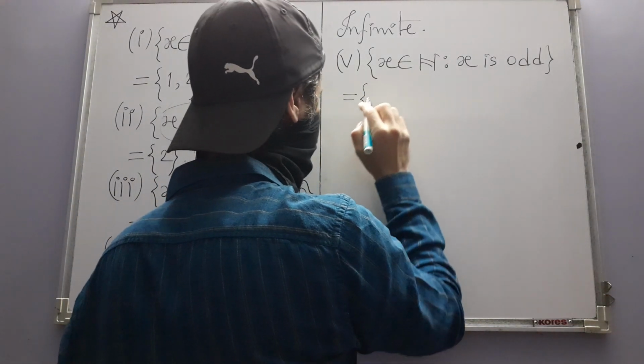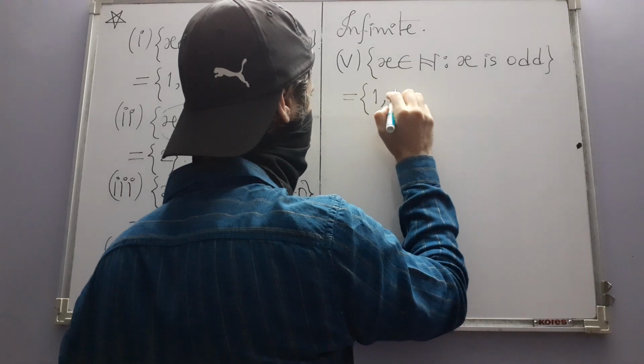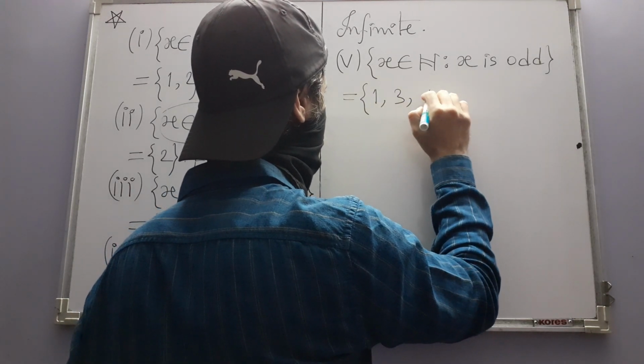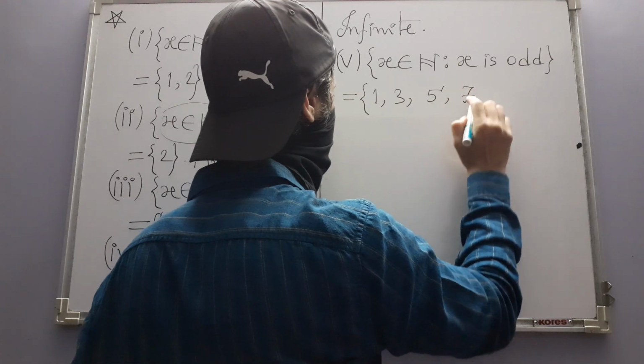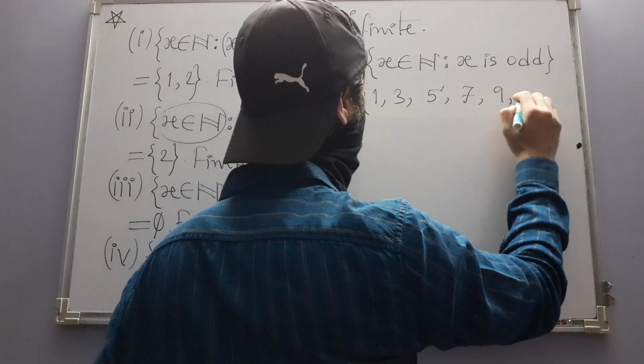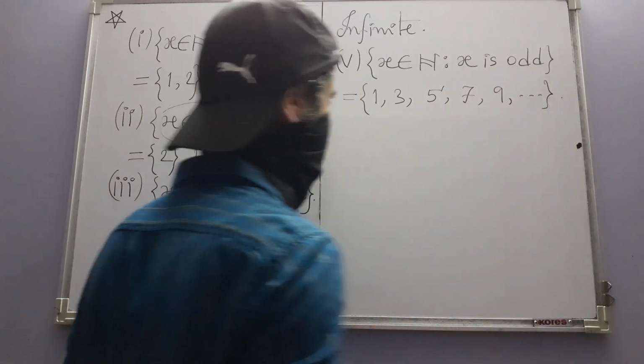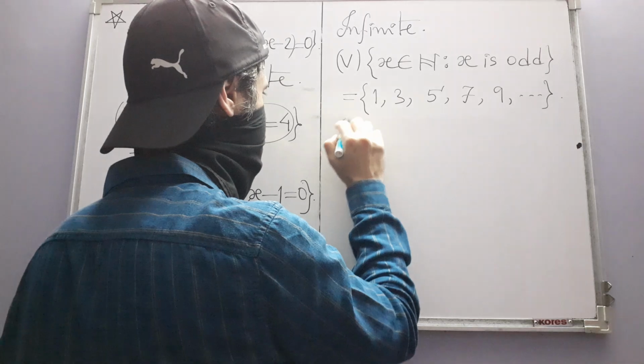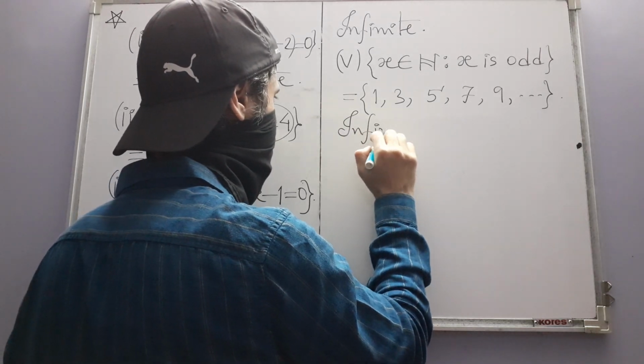In fact, we know the pattern in which the numbers appear, but this is also infinite. The odd natural numbers also do not stop. They keep coming. So this is also infinite.